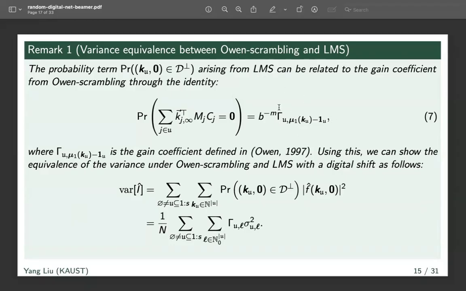And this right-hand side is the gain coefficient that arises from Owen scrambling. And the consequence is that we can show that the variance is the same for the digital net under the Owen scrambling and the linear matrix scrambling.